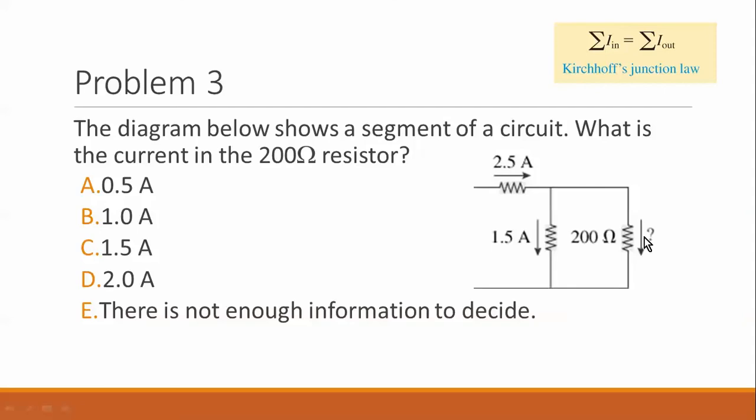So what is the current in the 200 ohm resistor? Well, we're going to use Kirchhoff's junction law. The current that comes in, which is 2.5 amps, equals the current that comes out, which is 1.5 plus something. So 2.5 minus 1.5 is going to give us a current of 1 amp.